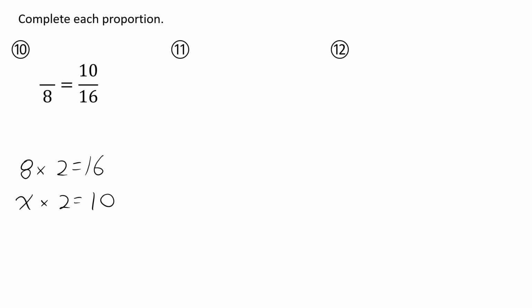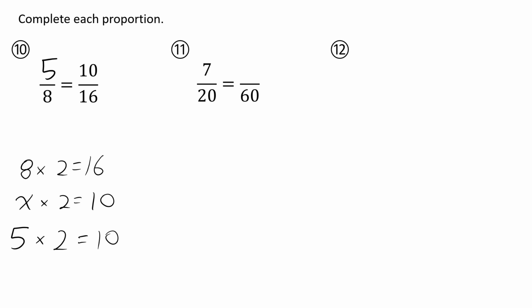Well, obviously 5 times 2 is 10, right? So 5 is the number I need on top. 5 over 8 is the same as 10 over 16, because 5 times 2 makes 10, 8 times 2 makes 16. And again, this is one of the ones where you just kind of look at it and say, oh, gee.